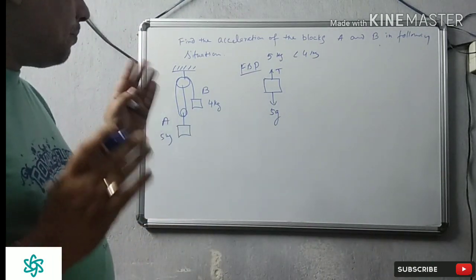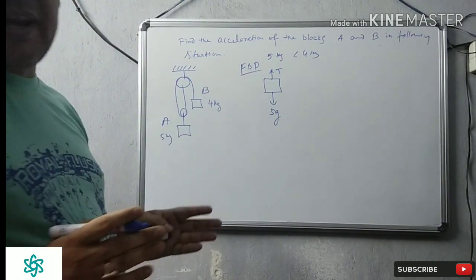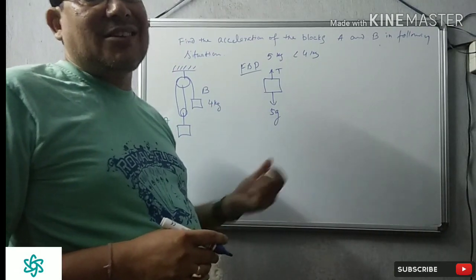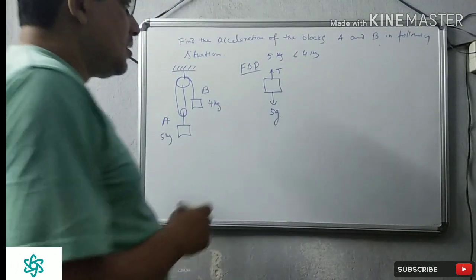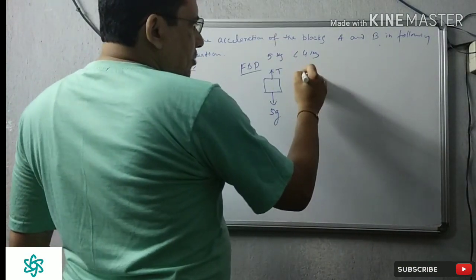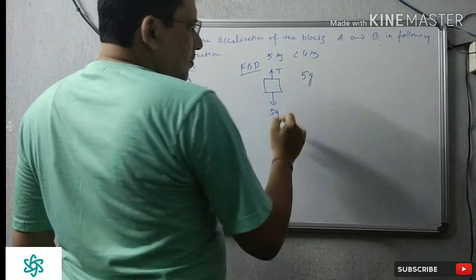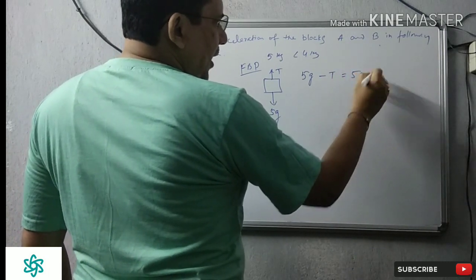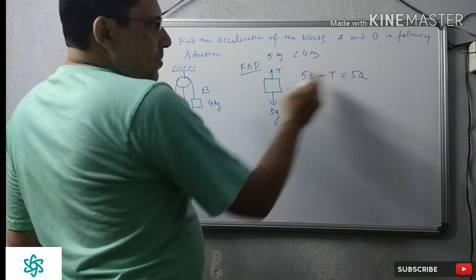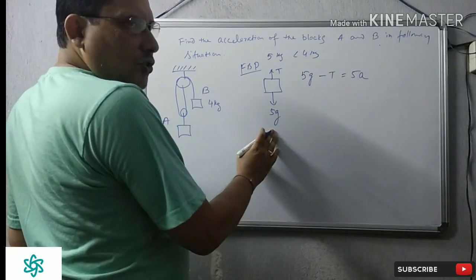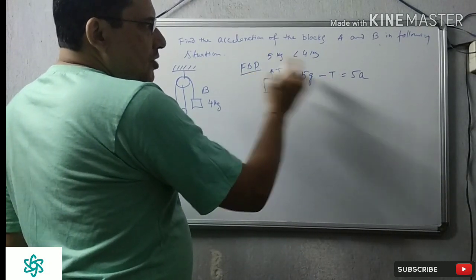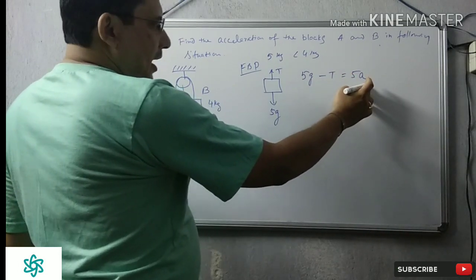Now the block moves in the downward direction, so the net force will act in the downward direction. So write down the equation: 5g minus T is equal to 5a. This is the net force. 5g is the downward force minus T, the tension, which is the upward force, and the net force is 5a.